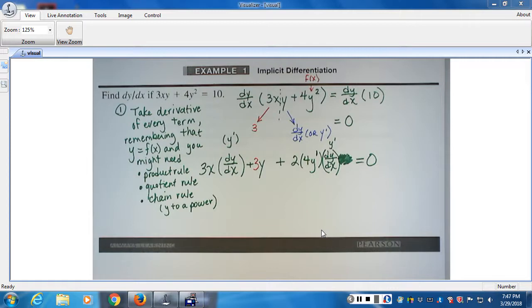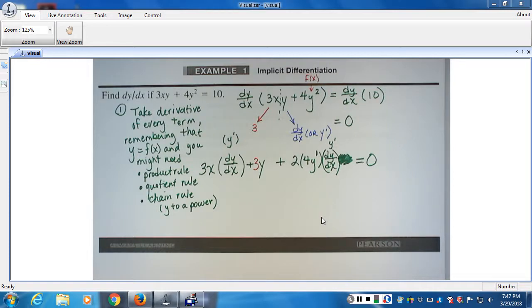That's chain rule because you brought your power down in front, kept what was inside the parentheses, but reduced the power by 1. But then you need the derivative of what was inside the parentheses, and that's dy over dx. Because it was y that was being squared, so we just need its derivative.